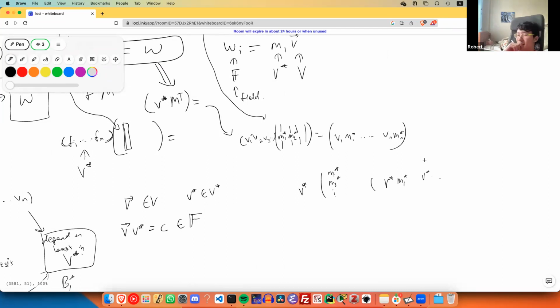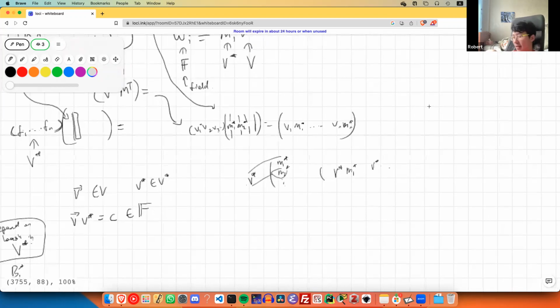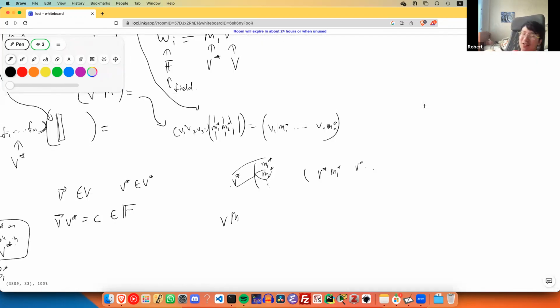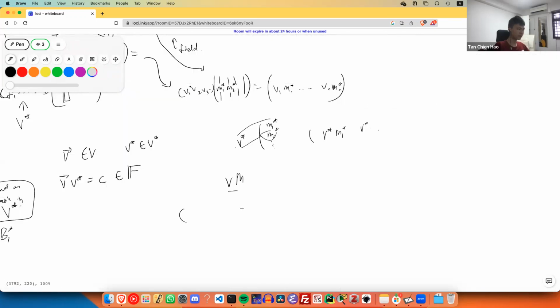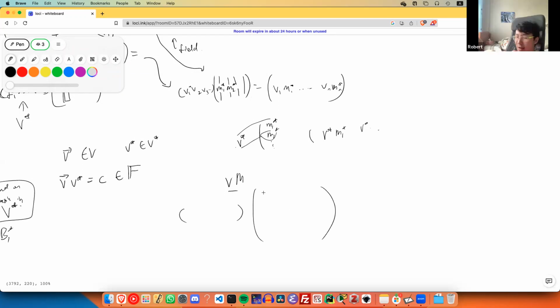Hold up, I thought we were just multiplying each row to the thing. How does this right multiplication work, dropping the dual stuff? This works if V is a row vector and M is a matrix. If V is a column, then that doesn't make sense.